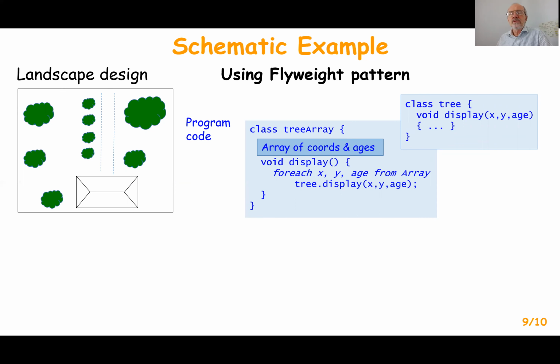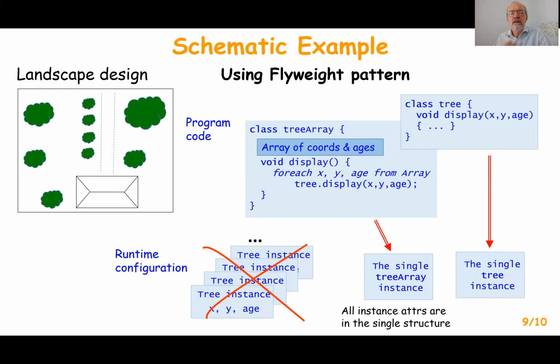So what is the result at runtime? Look, instead of having a big number of instances with their own attributes, we have just two instances, the instance of TreeArray and the instance of Tree.